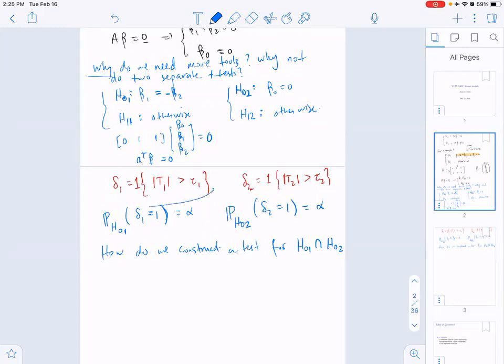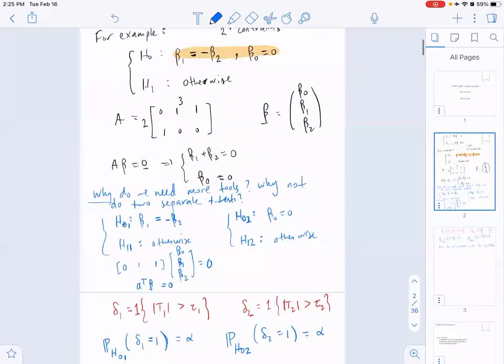Is anyone okay with this notation? This is the indicator notation. It says delta 1 is 1 if this holds and 0 otherwise, and delta 2 is 1 if this holds and 0 otherwise. So this is how you can write the test compactly. This is like a t-test or whatever that compares some statistic with the threshold. So how can I build a test for this hypothesis?